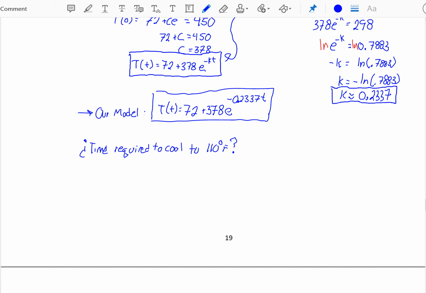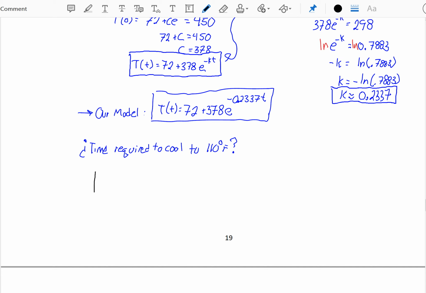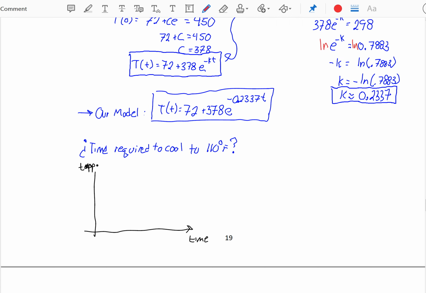So graphically, what we want to see is that if our pizza is going to cool down over time, this would be the temperature on the y-axis, and we know it's going to approach equilibrium eventually, which is going to be the temperature of the room. So let's put 72 degrees as our equilibrium temperature.